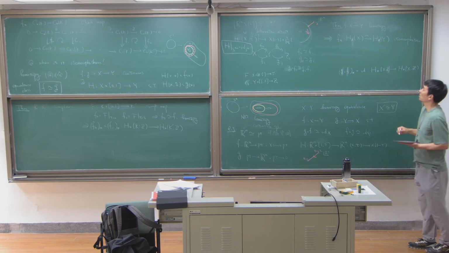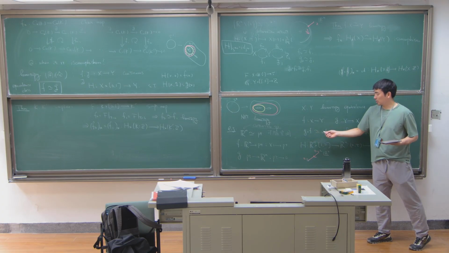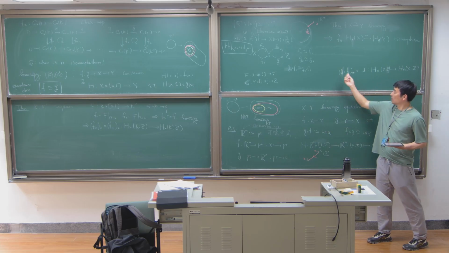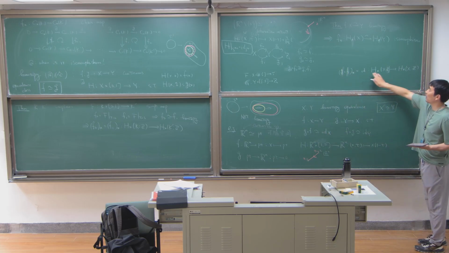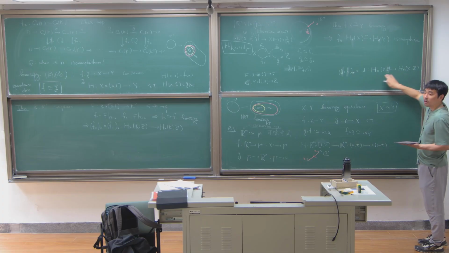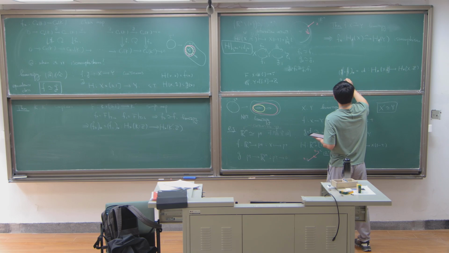Since f dot g induces the identity of X, it induces the identity of the homology group. And g dot f, that is g star, is also the identity.